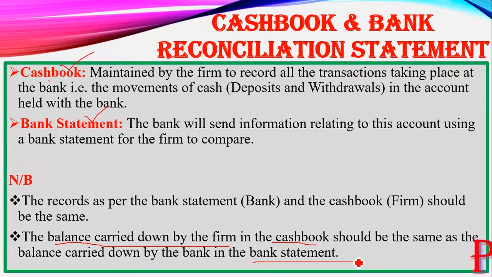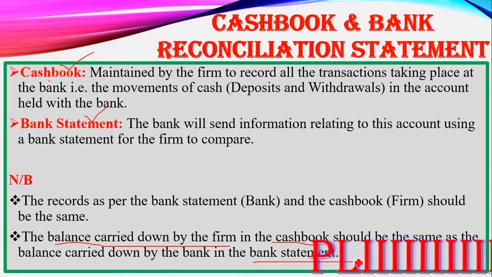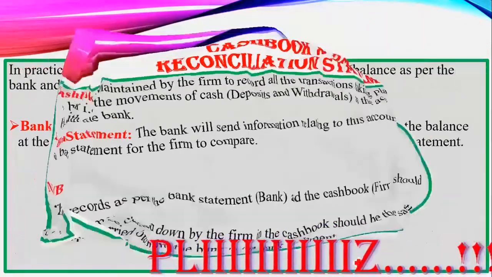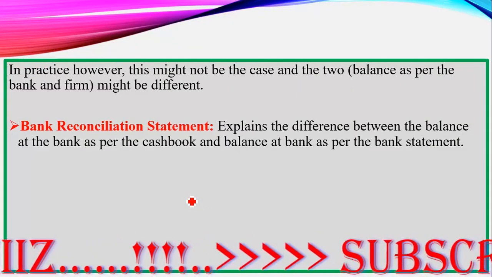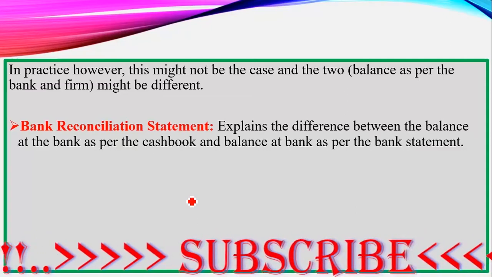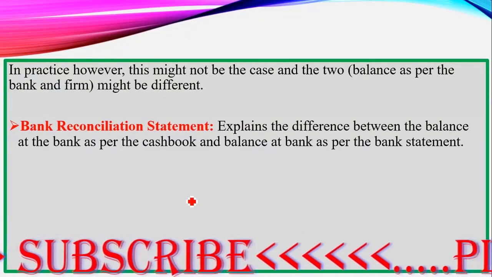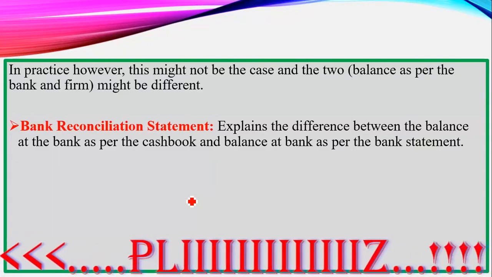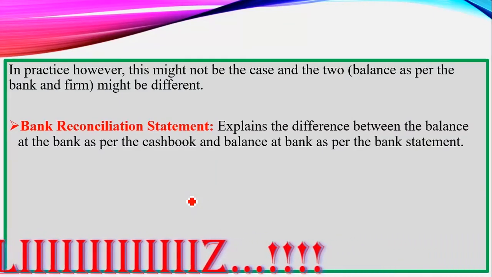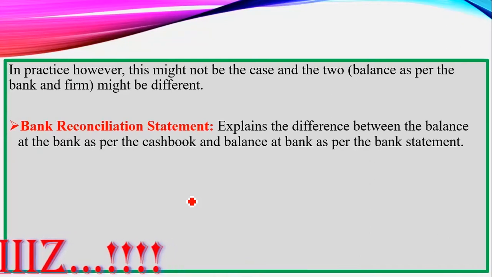They are supposed to be the same in the normal circumstances. But you find that in most of the situations, or in most of the times, these two accounts are never showing a similar balance. You find the bank account, the cash book, having a different figure from the bank statement that is maintained by the bank.